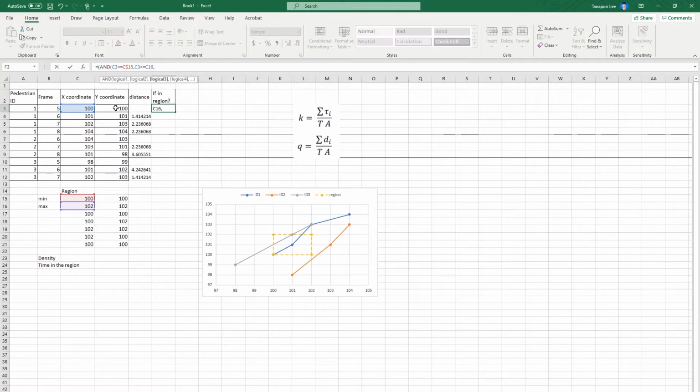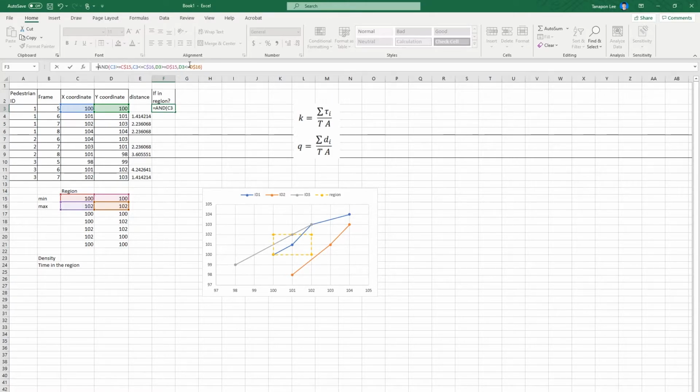And y has to be greater than or equal to the minimum of y, and less than or equal to the maximum of y, like this.